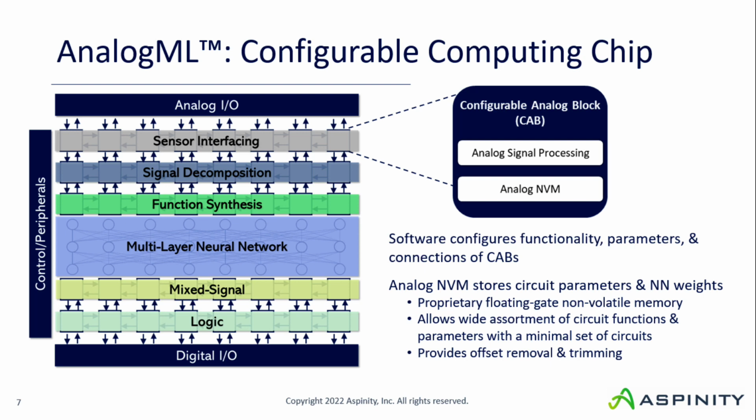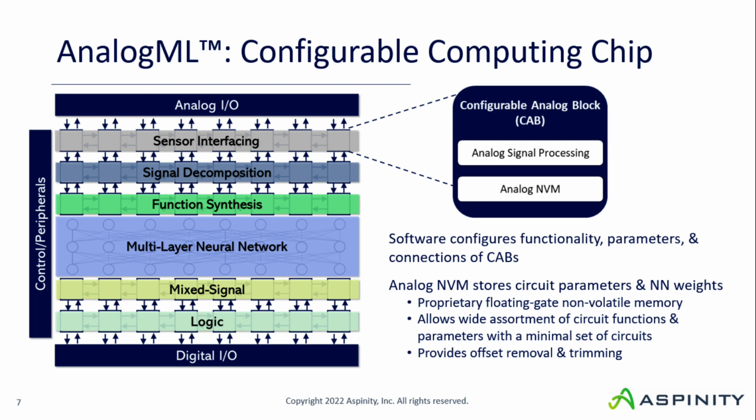And we use this analog memory to control the parameters of the circuits, but we also use it, almost even more importantly, to deal with things that typically limit the application of analog to getting really precise and repeatable results. So things like offsets, mismatch between devices, and other PVT concerns as well. So we can mitigate all these effects.